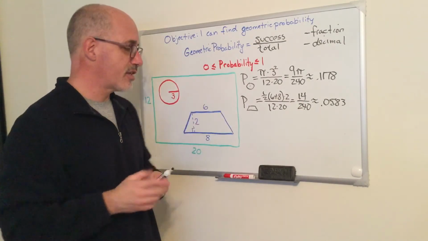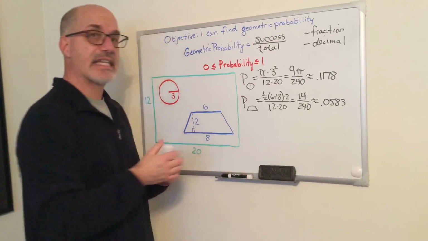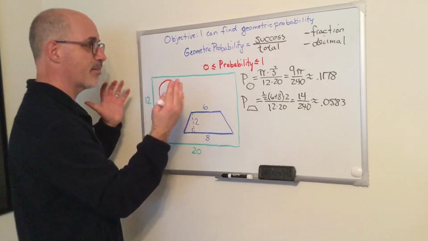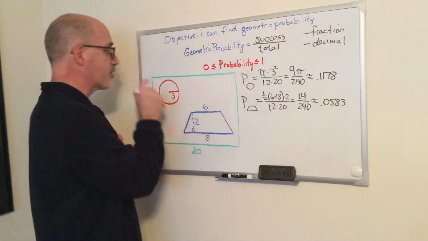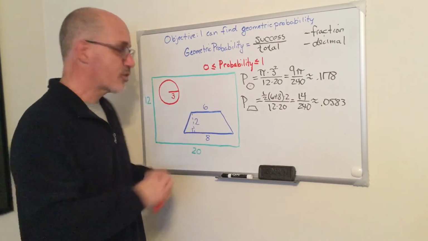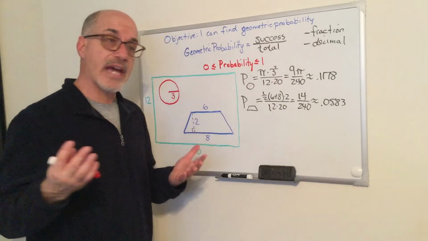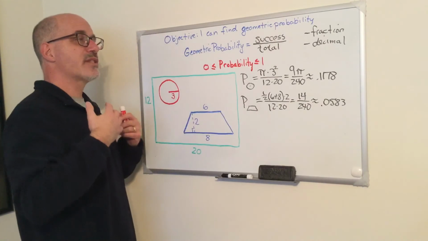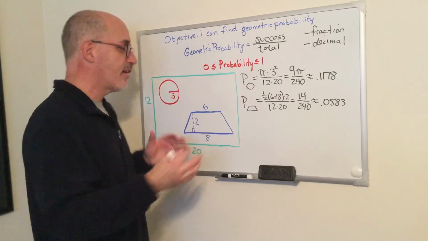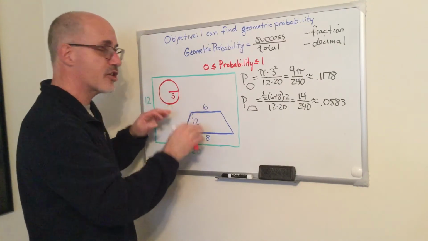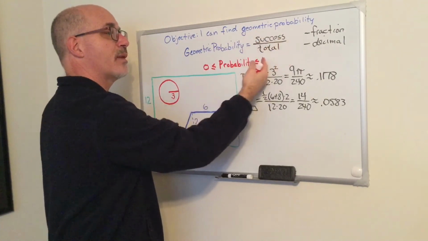Now, let's do one that's just a little bit different. I would like to try finding the probability that if we threw something and it landed in this green rectangle, it would land outside of both the circle and the trapezoid. So it's in all this area outside and between these figures. To do that, if you think about it, the total over the total, the highest probability we could get, would be 1.